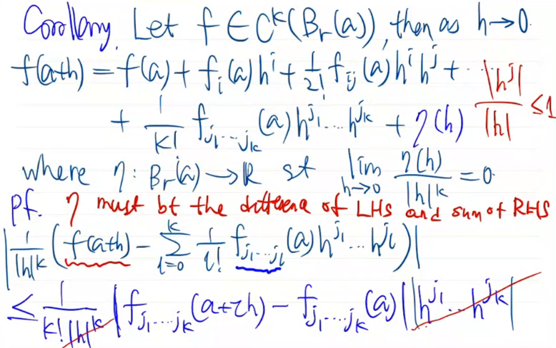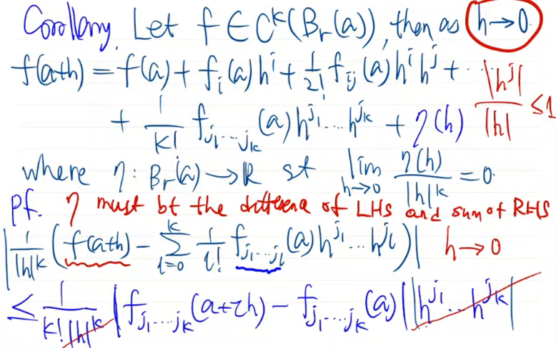And for the absolute value here, f_{j1...jk}(a plus tau h) minus f_{j1...jk}(a), since h goes to 0, we are talking about how the function behaves as h goes to 0, right? Our f is C^k, so the kth order derivatives are continuous.